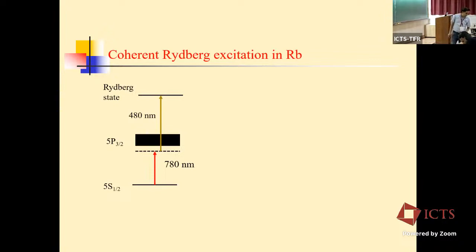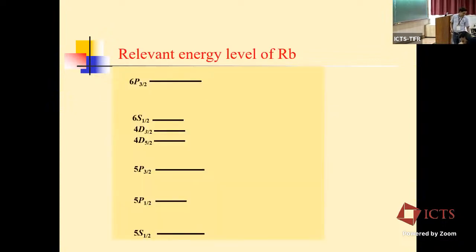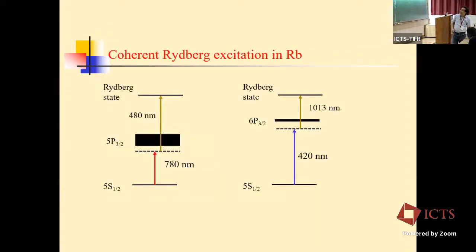Another possibility is a 420 nanometer laser, and then 1013 nanometer. For coherent excitation, it's important to have a narrow line width of the intermediate state.